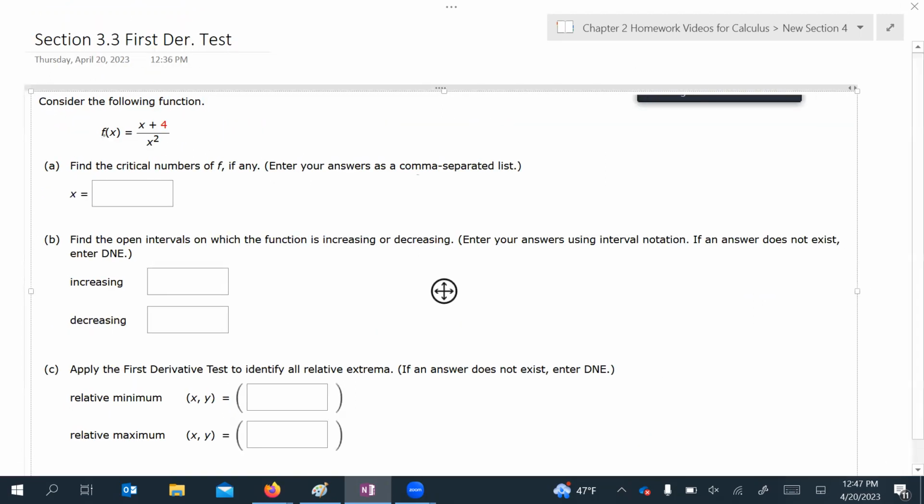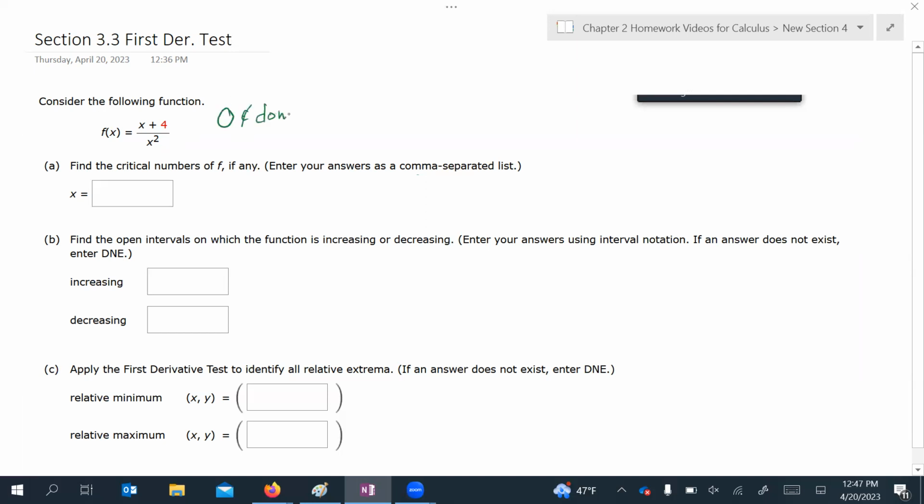All right, so first of all, for this problem, we want to find the critical numbers for our given function f. In order to find critical numbers, that is going to be values within the domain of f. And so I look at where f is undefined. f does not have 0 in its domain. 0 is not in the domain of f, and the reason is that's where the denominator equals 0.